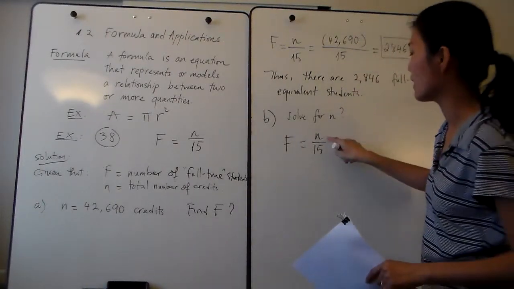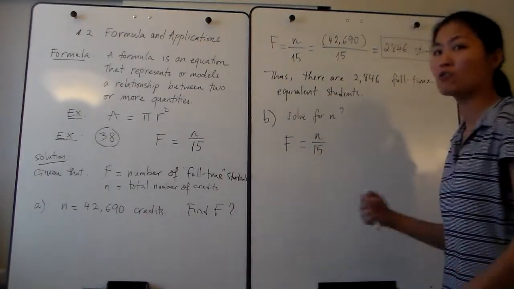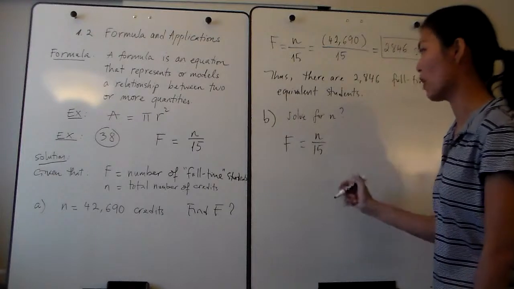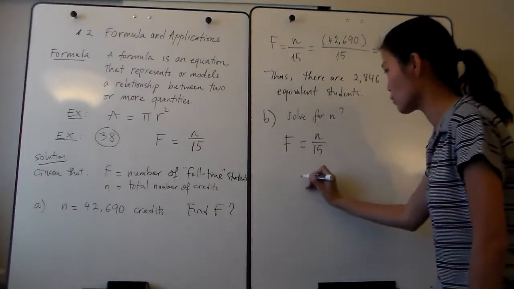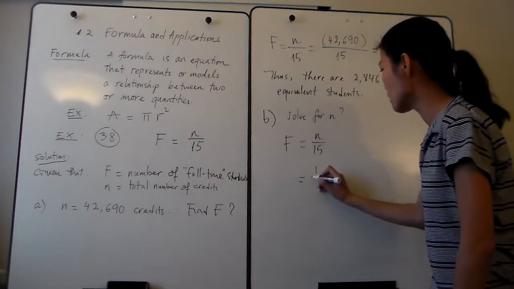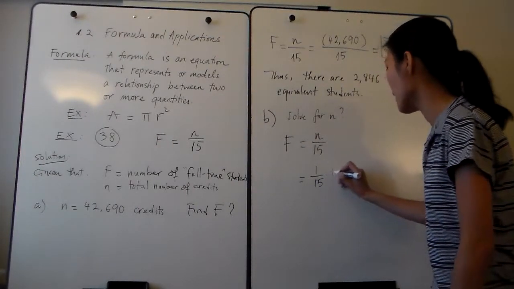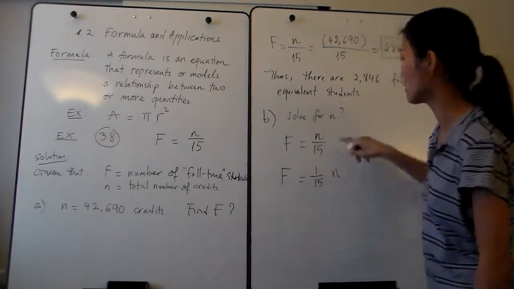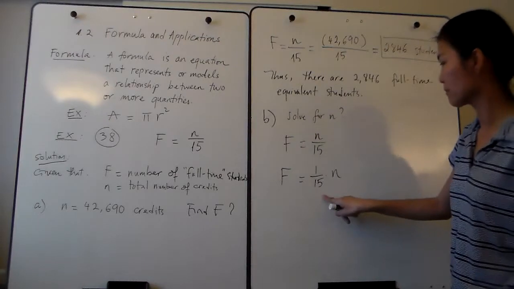So, to obtain n, you just need to multiply by 15 on both sides. Now, if you still don't see it, that's okay, no problem. You can rewrite the right-hand side as 1 over 15 times n. Just factor out the coefficient of this term right here, which is 1 over 15.